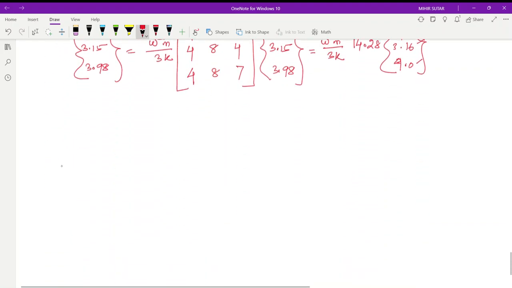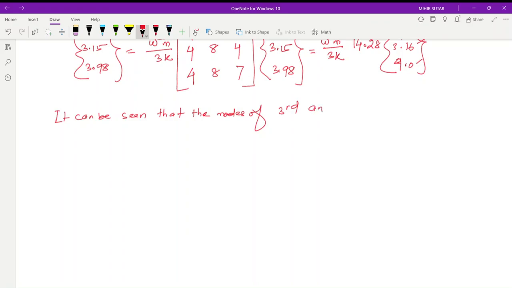Okay. So, you can write, it can be seen that the modes of the third and fourth iterations are repetitive with sufficient accuracy.